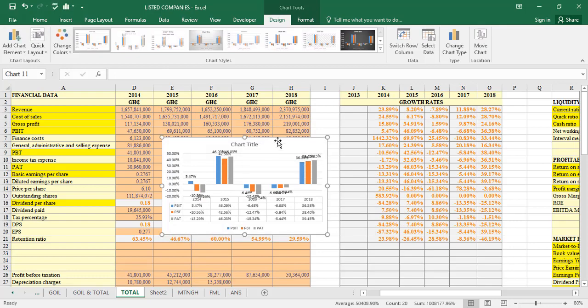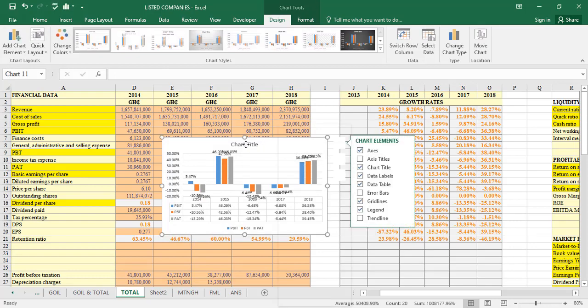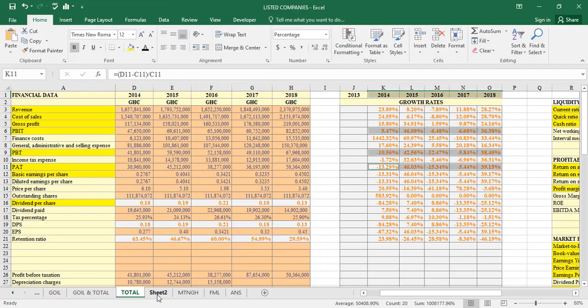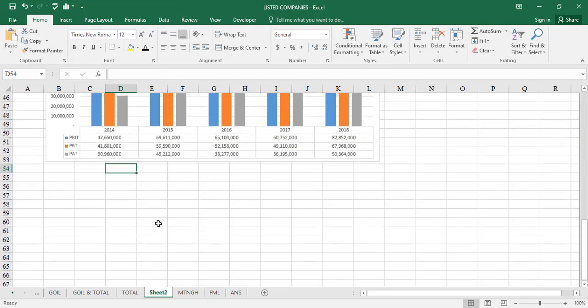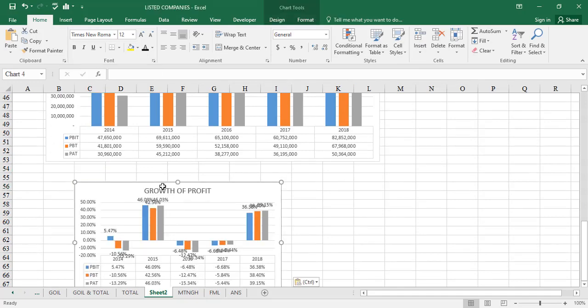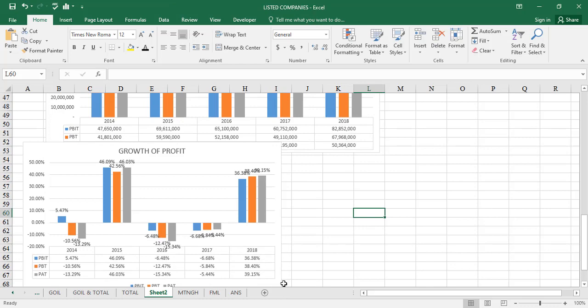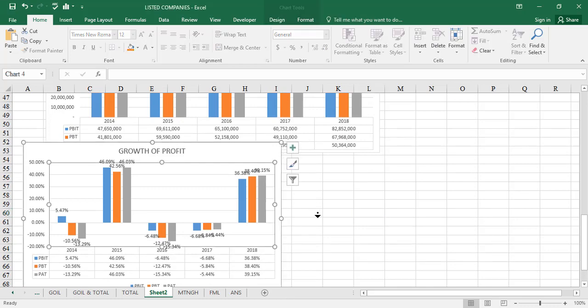Okay, so let's rename it as the trend. Now this will be the growth of profits. So how the company has grown, or has been growing, its profits for the past 5 years. Okay, so we will have to change the charts.